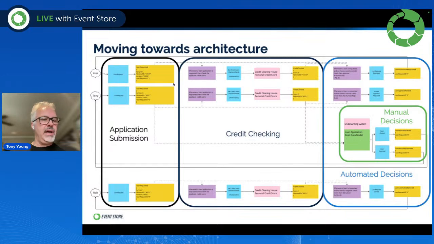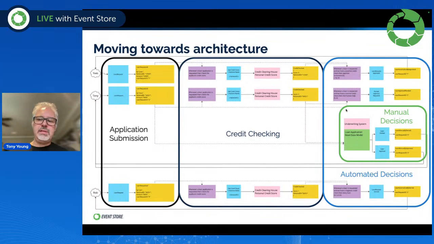On the left-hand side here, we have some system that's handling submission of applications and reporting of status back to the person who requested the loan. So we'll call this application submission or loan requester. We then have in the middle this big meaty part, which is performing that credit check, that integration with an external system. We need to do the credit checking, so you can kind of encapsulate that business rule and action into one single thing.